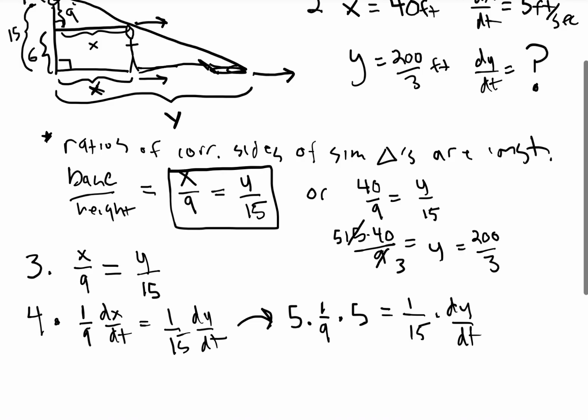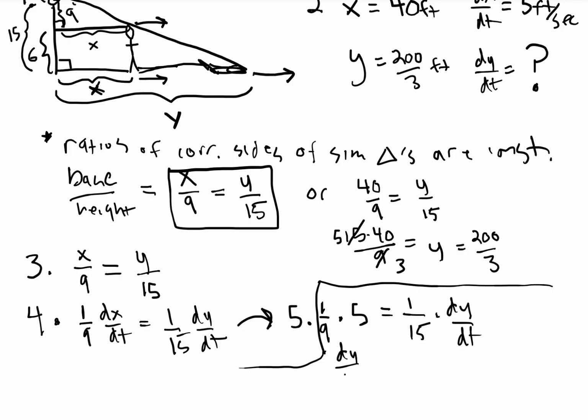I will scroll down to give myself just a hair more room. Don't forget the 5, that was the numbering for the step, so really the equation I'm looking at is over here. I need to multiply both sides of this by 15 to solve. So my dy/dt will basically be 5/9 times 15.